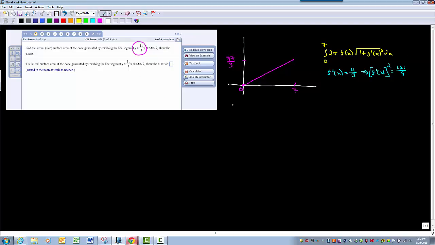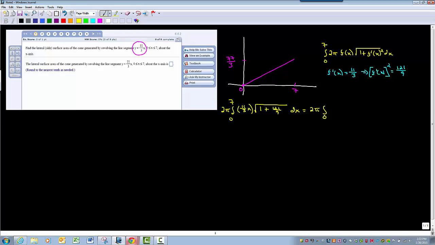So what we've got here is the integral from 0 to 7. I'll pull out the 2 pi; there's no reason to have it in there. Now f is 11 thirds x, times the square root of 1 plus 121 over 9, dx.